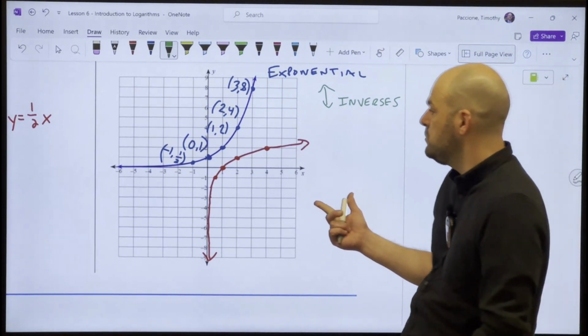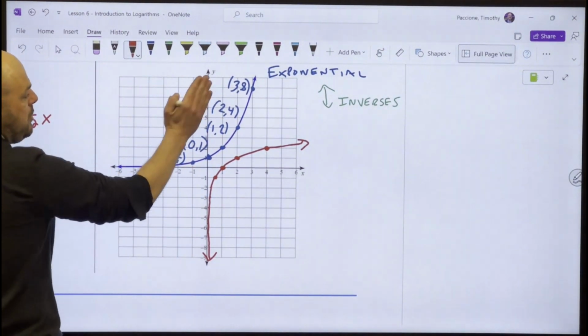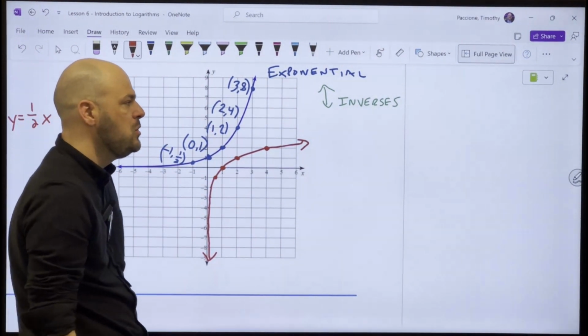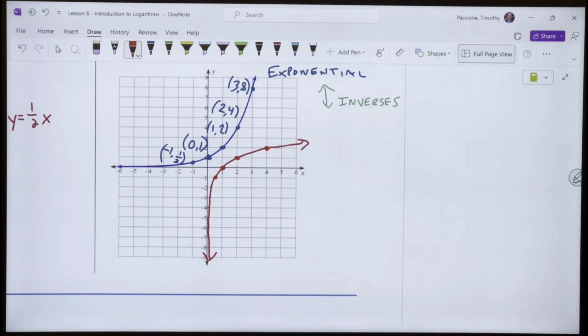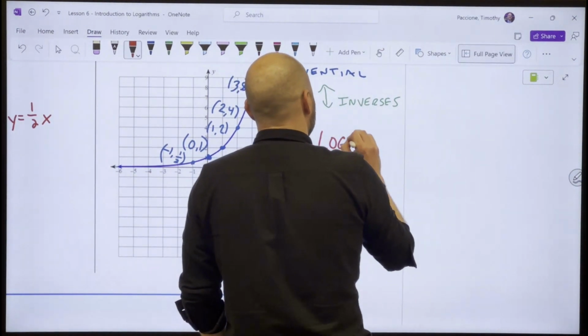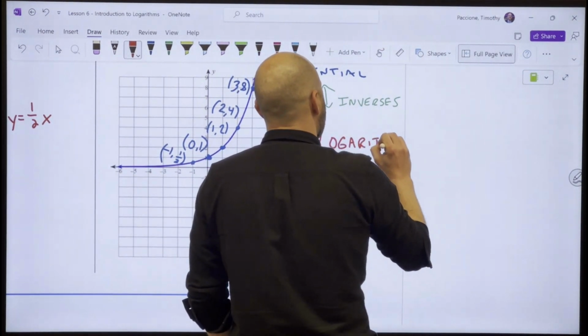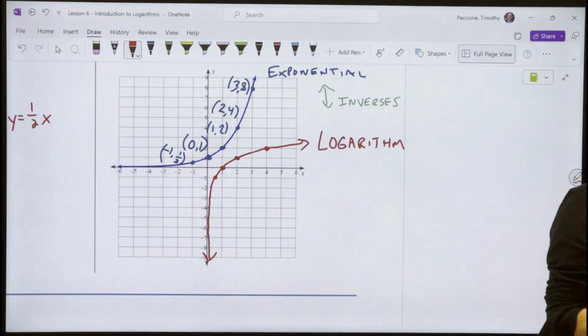It's not exponential, right? Doesn't behave exponentially. It kind of is like the opposite. It flipped over that diagonal line. Give you a hint. Look at the top of your page today. This is a logarithm. Okay? So that's an exponential function. That's a logarithmic function.